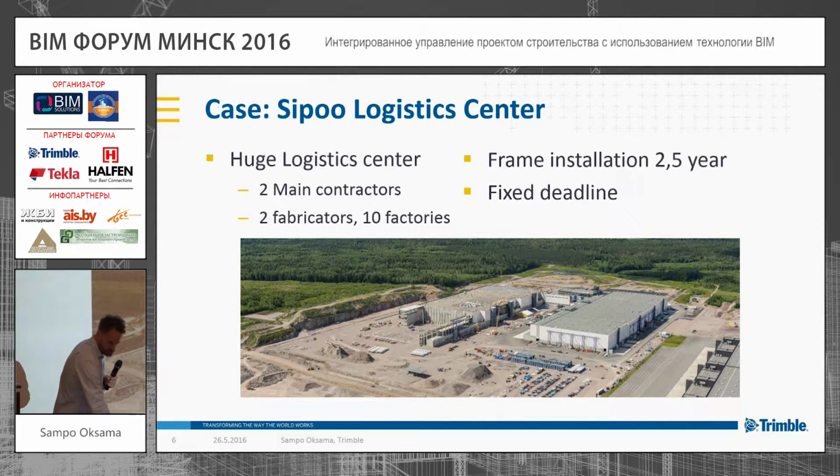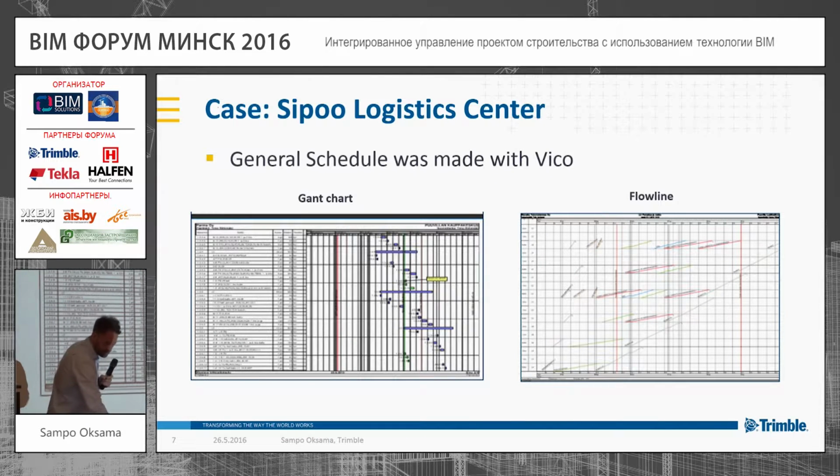So what they decided before the project was that they wanted to make sure that the schedule of the frame would stay on time, and this is how they did it and what kind of tools they used. They used general scheduling, with a Vico tool for that.